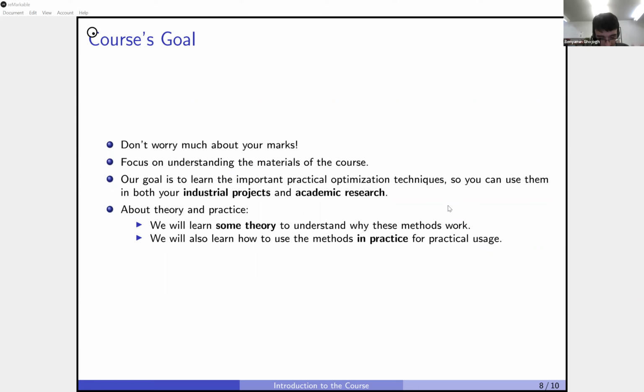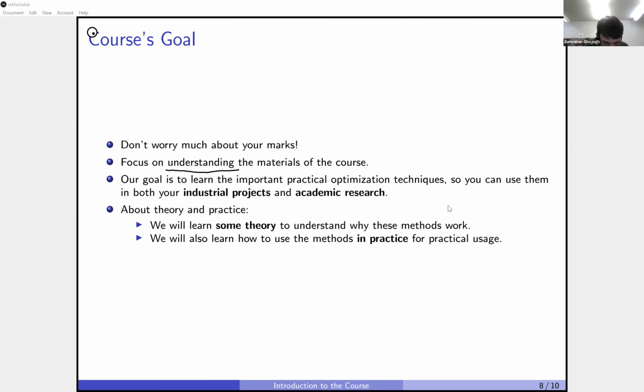Don't worry much about marks. I want you to focus on understanding the materials of the course. Again, we want to learn important practical optimization methods, useful for both industry and academic research.